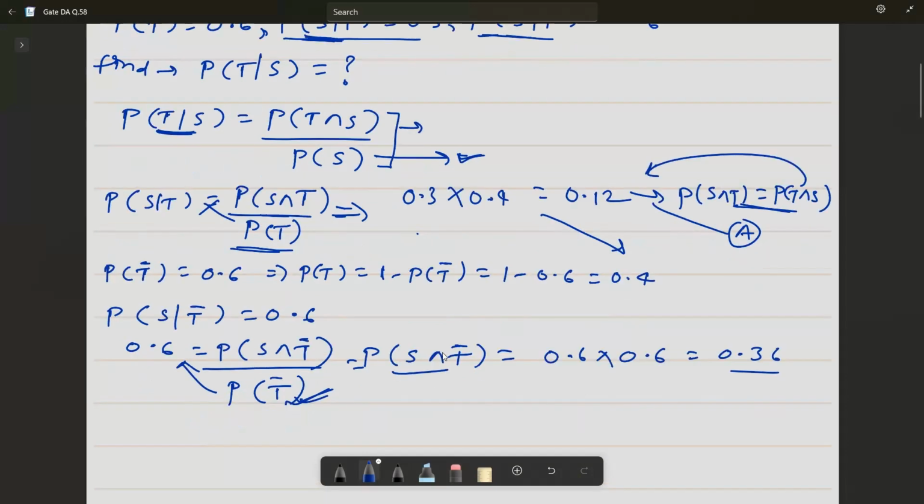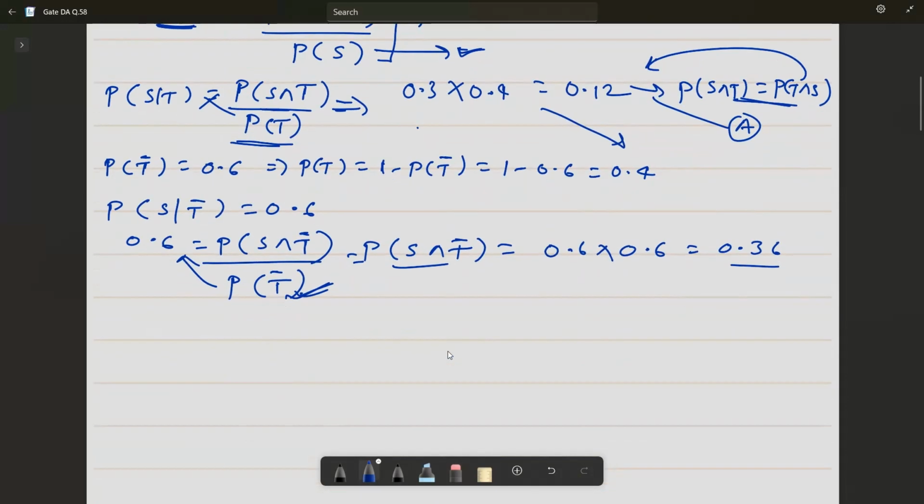Now here the main part is there. Let us see this in a very deep way. I am drawing the Venn diagram; by watching that you will be able to understand. Probability of S but not T, that is probability of S intersection T complement.